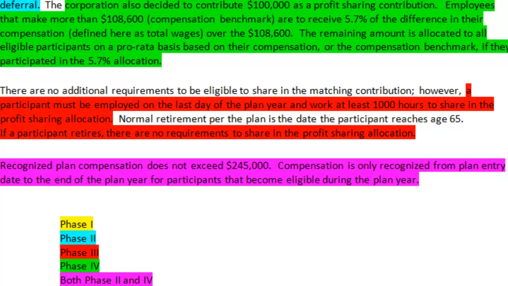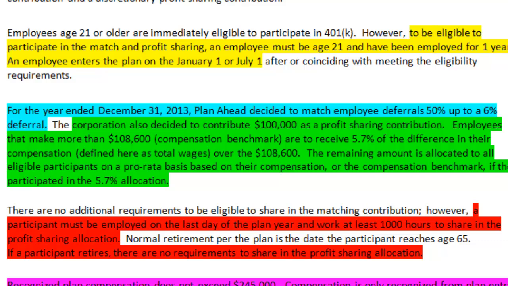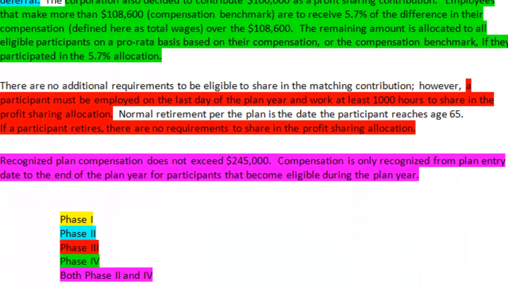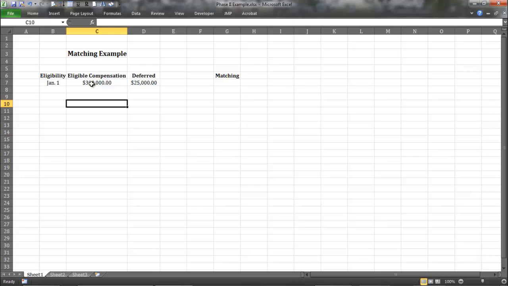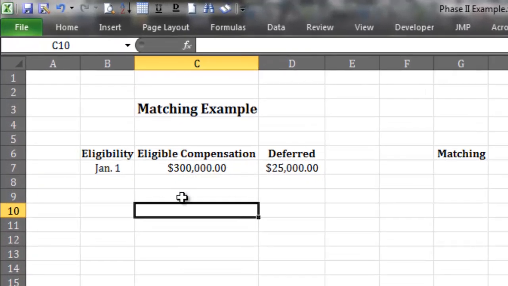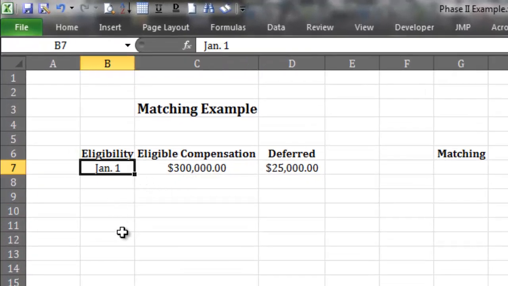To see how those two features of the retirement plan, again the blue portion up here and the magenta portion down here, play out in an actual example, I'm going to go over to Excel here, and we've got an employee, we'll call him Ralph, who was eligible per our phase 1 calculations.